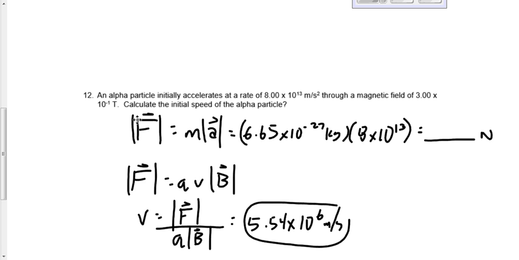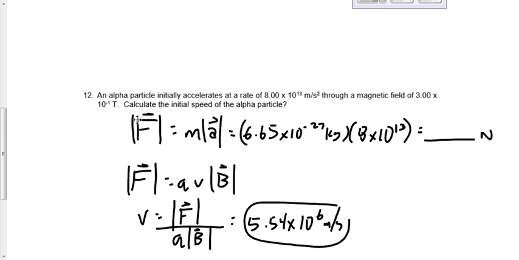Now, I'm going to tell you something here that is going to lead us into what we're going to do next after our break here. This question should not really say the initial acceleration or the initial speed. It should say the acceleration and the speed. Why?